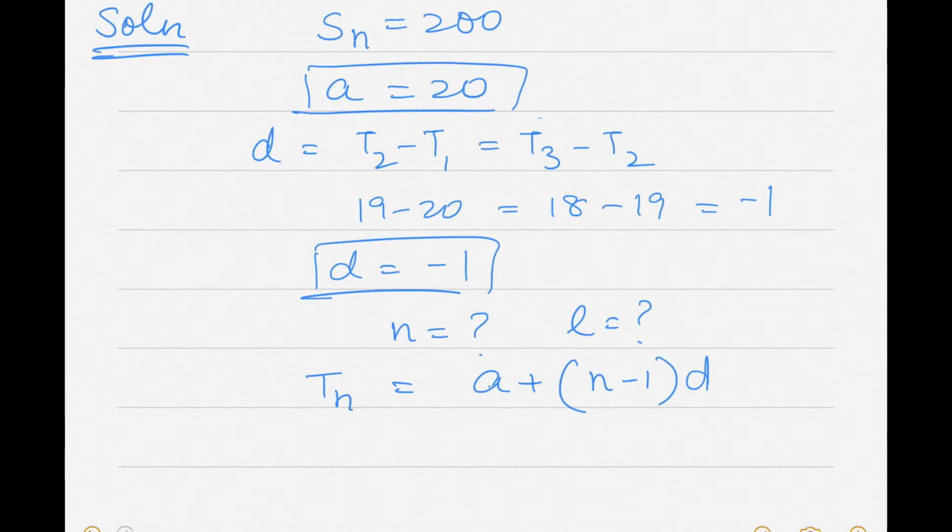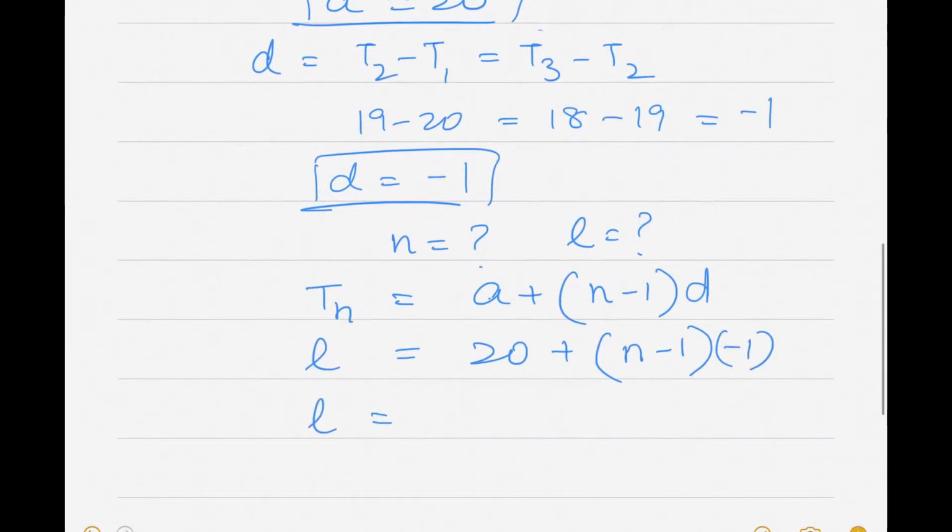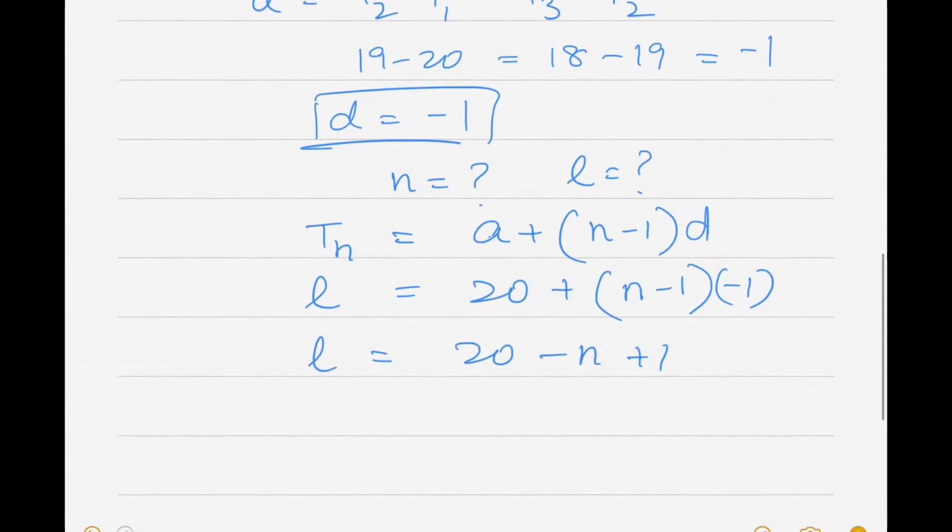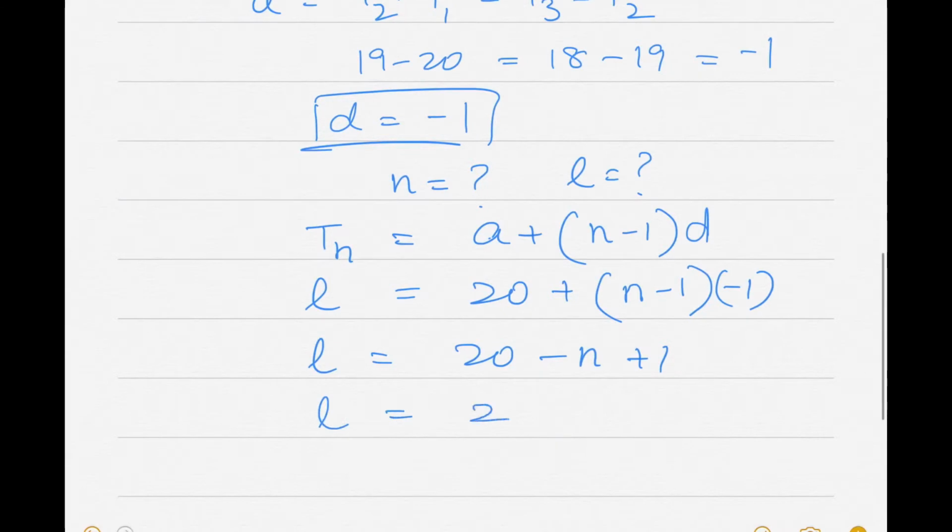The nth term, or the last term, is 20 plus n minus 1 into minus 1. So my last term is equal to 20 minus n plus 1, or L is equal to 21 minus n. So this is my last term in the form of n.